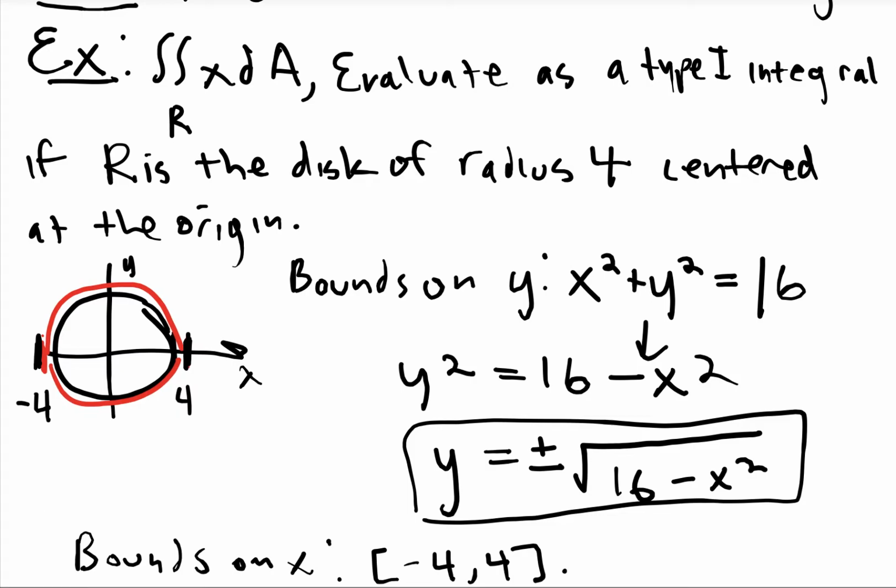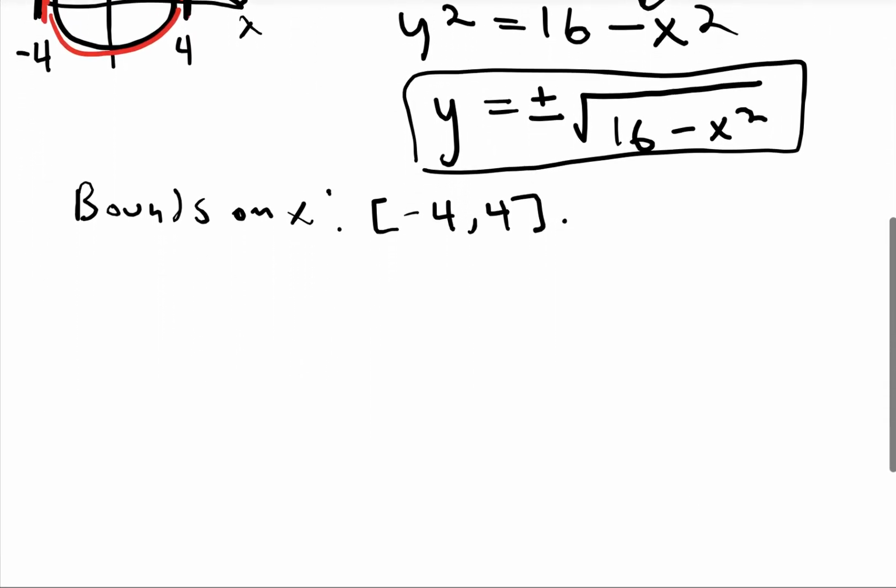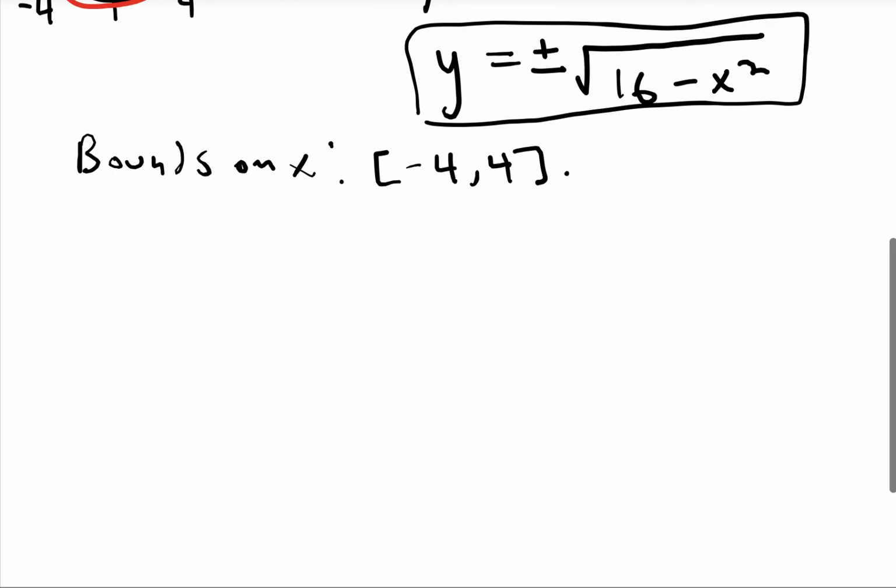Now I have enough information to set up this integral of x as a type 1 integral. I'll go ahead and scroll down and set this up here. We hopefully recognize if we're doing type 1 integrals, numerical bounds have to go on the outside. My function bounds have to go on the inside. The smaller one goes on the bottom, so this is going to be my minus root 16 minus x squared.